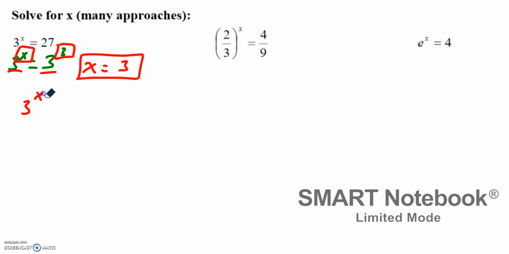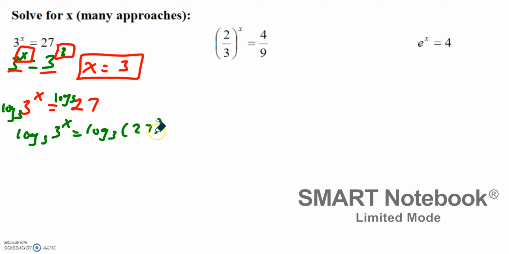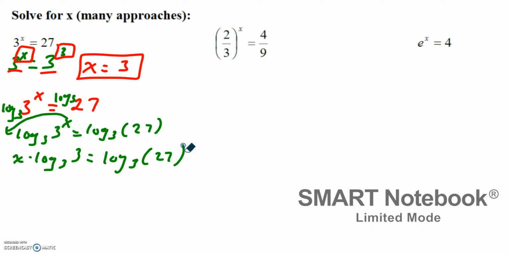Now, just for the fact of showing you though, what you could do instead is, because the inverse of an exponent is a log, you could take the log base 3 of both sides. So you'd have log base 3 of 3 to the x equals log base 3 of 27. You could bring the exponent down and have x times log base 3 of 3 equals log base 3 of 27.